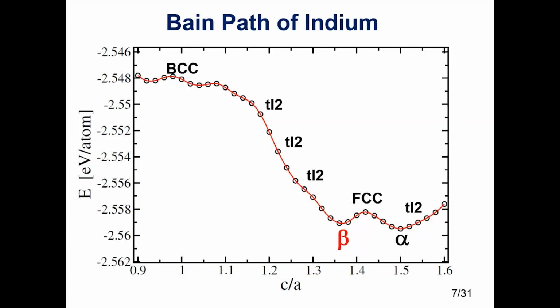They are Pearson type Ti2 with space group I4/mmm, but they differ in their C over A ratios. There's an energy barrier separating the two, and also an energy difference, because the best energy of alpha is slightly less than the best energy of beta.